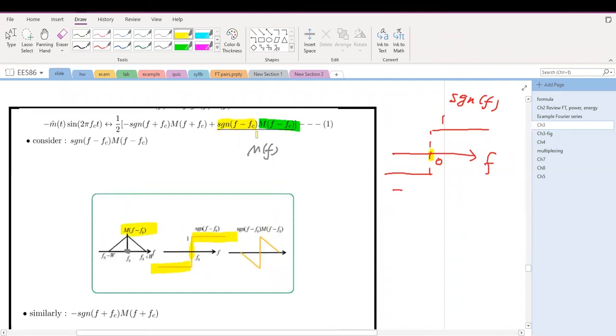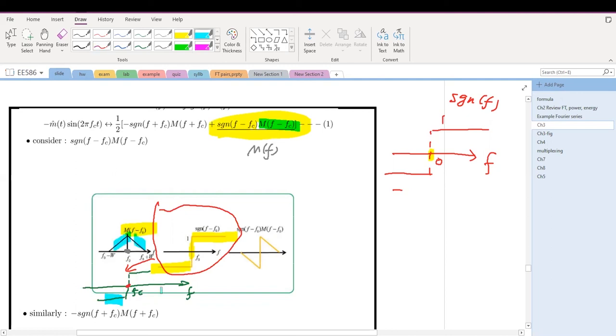So these two terms are multiplied together. Draw it here, and this is fc. So I move this portion up to here. We line up the frequencies and we multiply the values of the functions together.